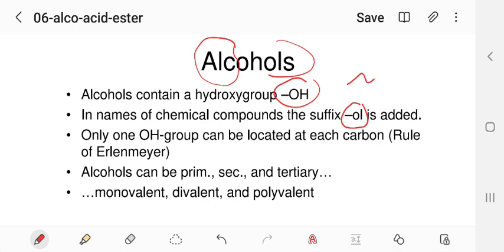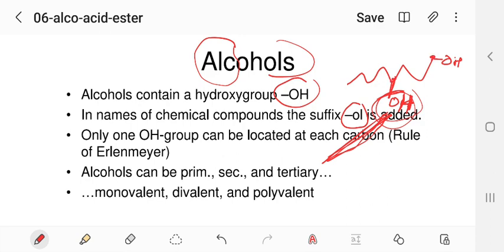So for example, this carbon can be bonded with an OH, or this carbon can be bonded with an OH. In both cases, the OH is just an end group, so it's not bonded to anything from the other side. It's free, but it can be bonded to either the end carbon or some carbon in the middle.